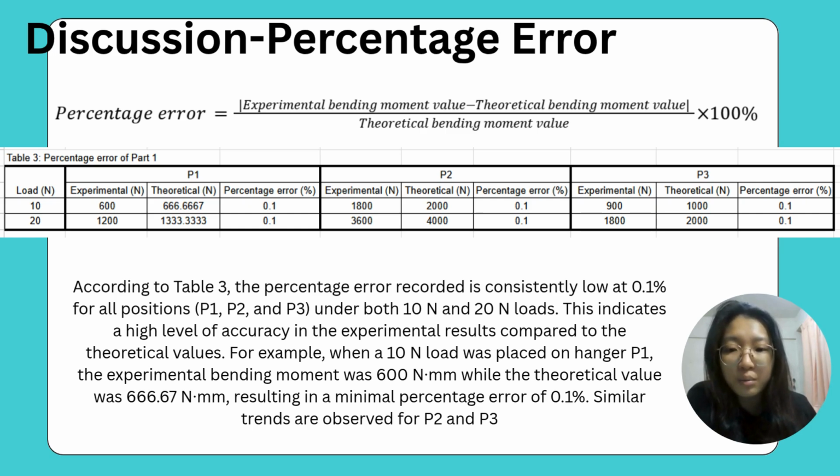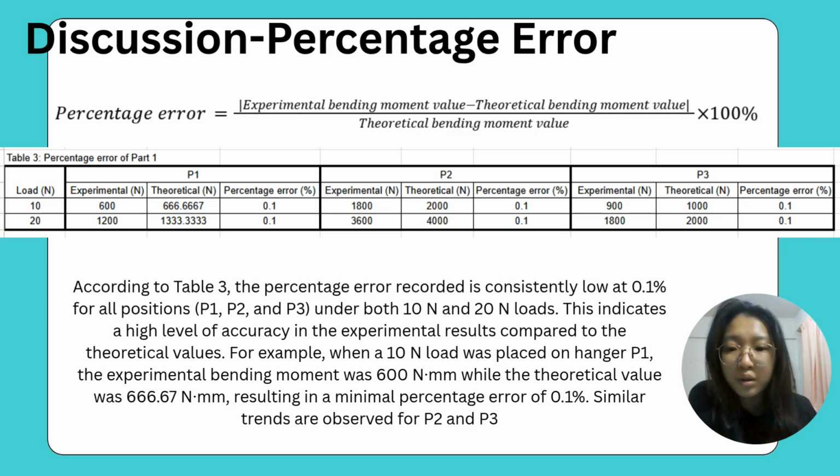So according to Table 3, the percentage error recorded is consistently low at 0.1% for all positions P1, P2, and P3 under both 10 Newton and 20 Newton loads. So this indicates a high level of accuracy in the experiment result compared to the theoretical values.